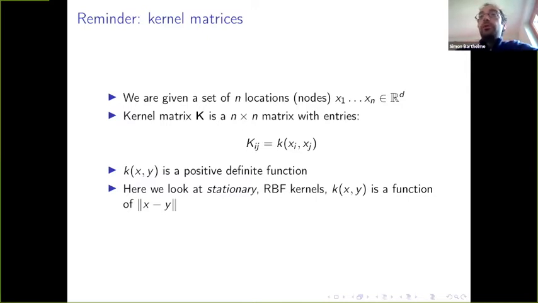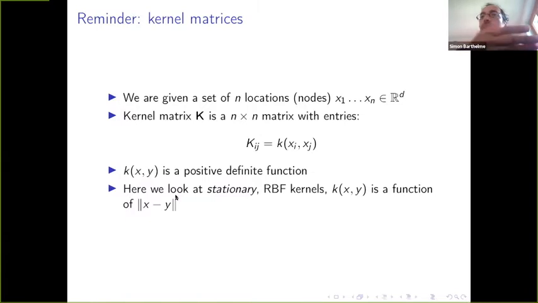So it's a bunch of points, n points, for example, on the line or in the square, or indeed in any subset of R to the power d. The kernel matrix is an n times n matrix with each entry given by a kernel function, so k of xi and xj.